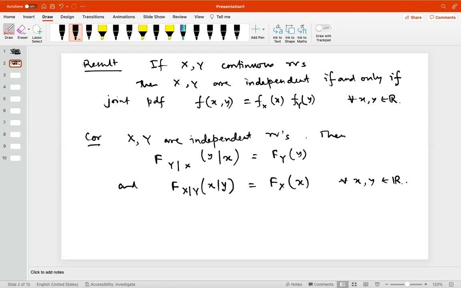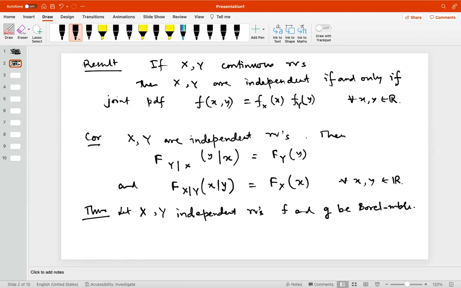And there is a very important theorem. If X and Y are independent, and f and g are Borel measurable functions, then f(X) and g(Y) are also independent.